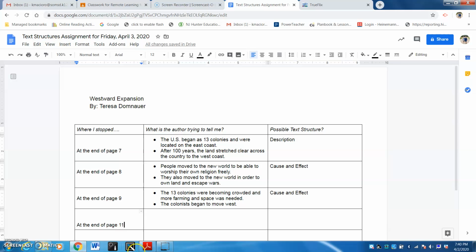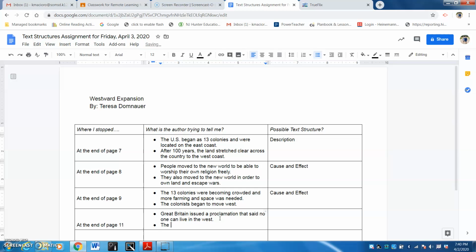Page 11. What did I learn? Well, I learned that Great Britain issued a proclamation that said no one can live in the West. Let me fix this.